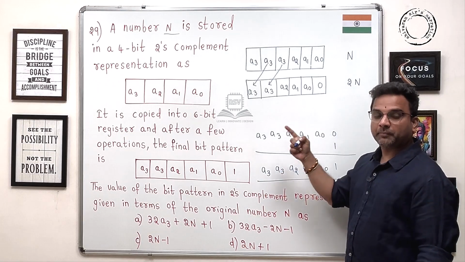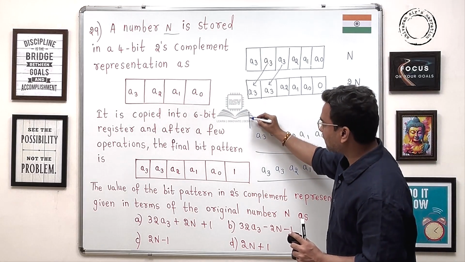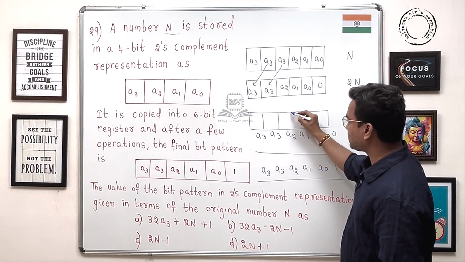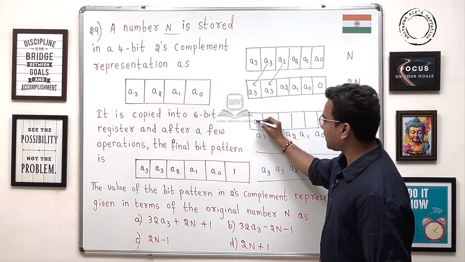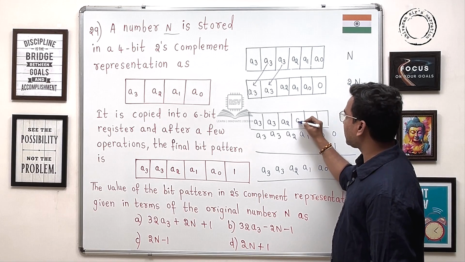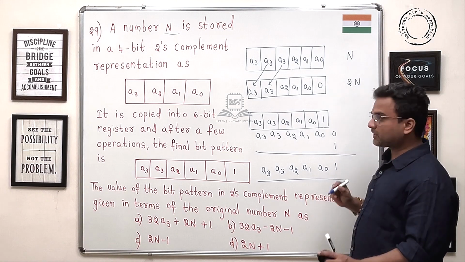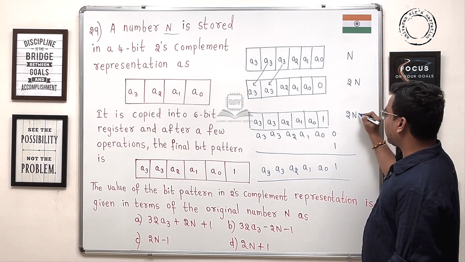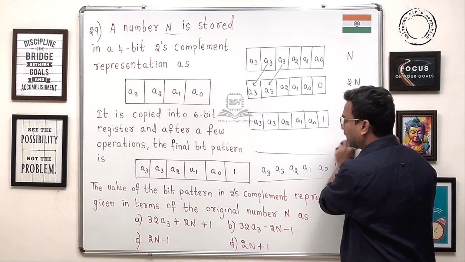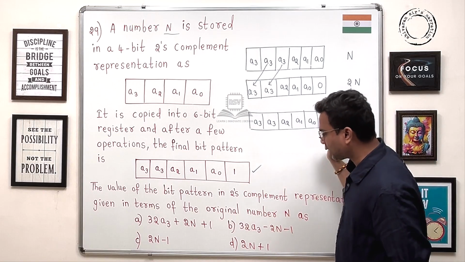So the value gets added by 1, and the bit pattern will be in this way, the same 6-bit register. Therefore this is A3, A3, A2, A1, A0, and then 1 is placed here. That means the value gets added by 1. This is the final bit pattern, and it now matches the output bit pattern.